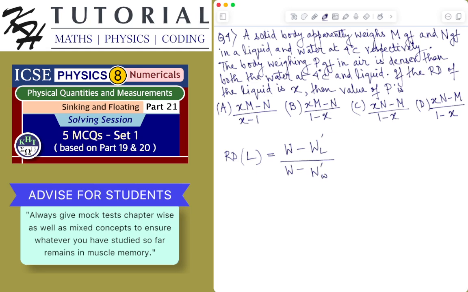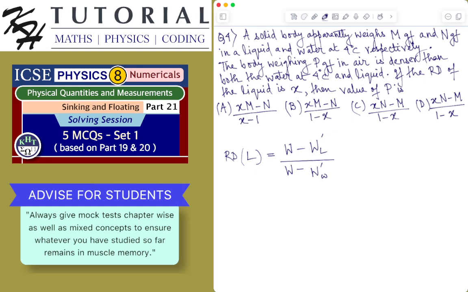So WL dash is the apparent weight of the body in liquid, and WW dash is the apparent weight of the body in water at 4 degrees centigrade. So W minus WL dash divided by W minus WW dash will give the relative density of the liquid. This is the formula that we discussed in part 20 video.